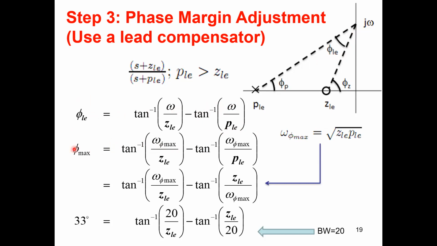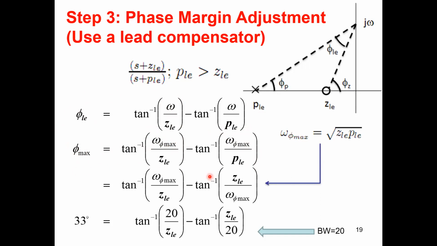So I can replace this generic phase lead with the maximum phase lead phi max, and change omega to omega phi max here and here, because whenever phi becomes phi max, omega becomes omega phi max.